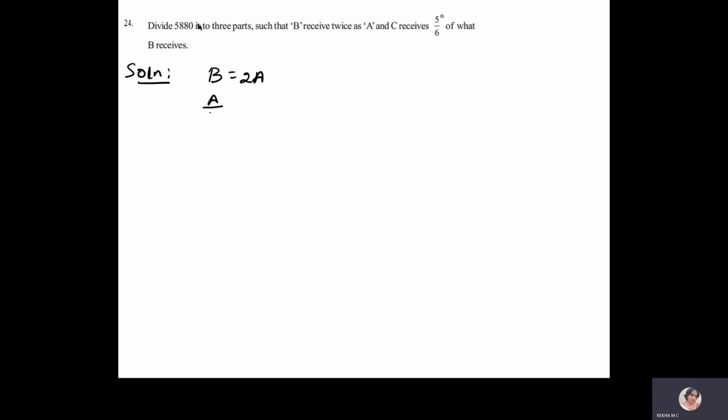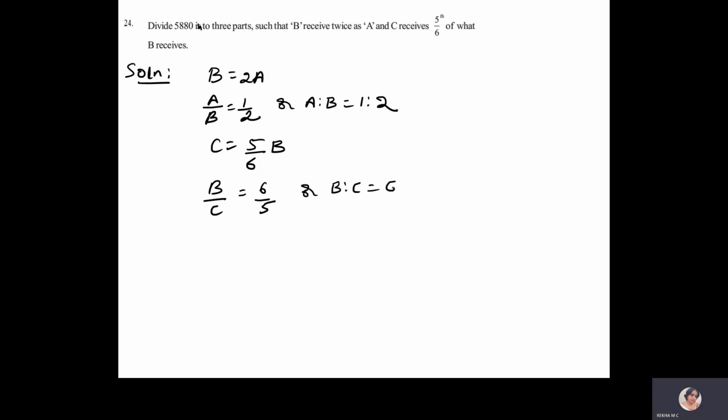So the ratio A by B can be written as 1 by 2, or A is to B is equal to 1 is to 2. Then C is equal to 5 by 6th of what B receives, 5 by 6 B. So B by C is equal to 6 by 5, or B is to C is equal to 6 is to 5.